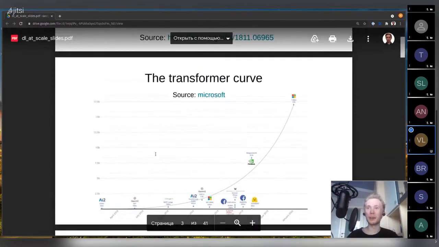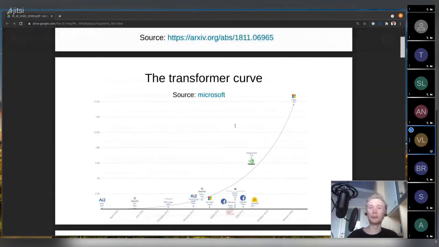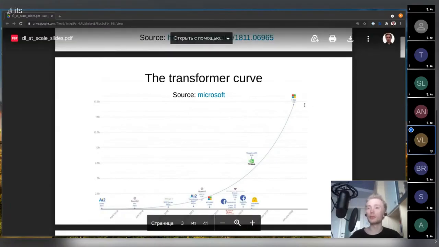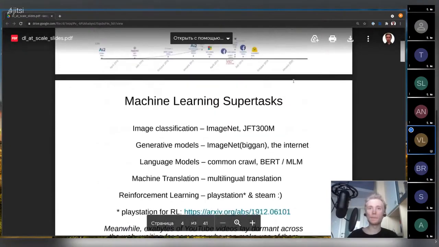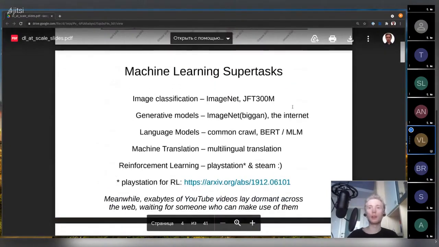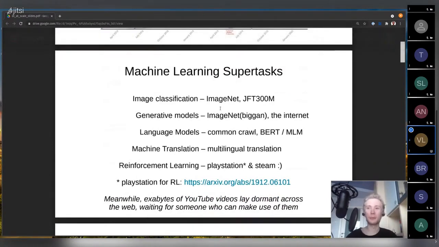This is a slide by Microsoft, where they really want to drive the point home with their new TNLG model with 17 billion parameters. This is the language model recently published by Microsoft. And yeah, in every area of machine learning, we have some super tasks that really push against our computational resources.